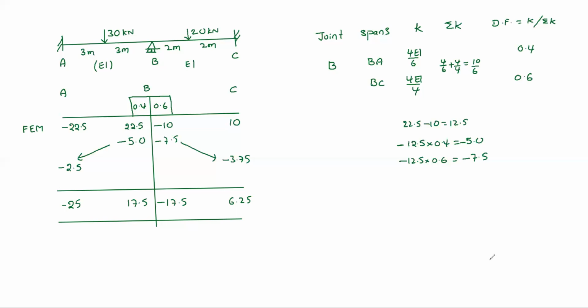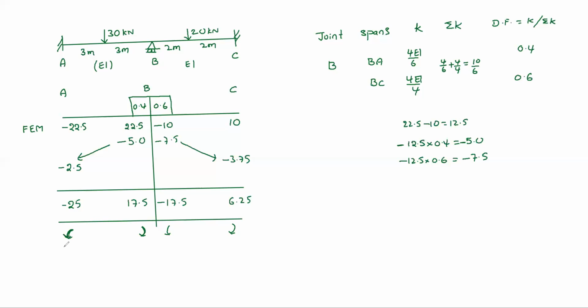At C, 6.25. See here, sign convention also. This is anti-clockwise, this is clockwise, this is anti-clockwise, this is clockwise. Left side anti-clockwise, right side clockwise is what? That is actually hogging. So these are the moments at A, B, C.